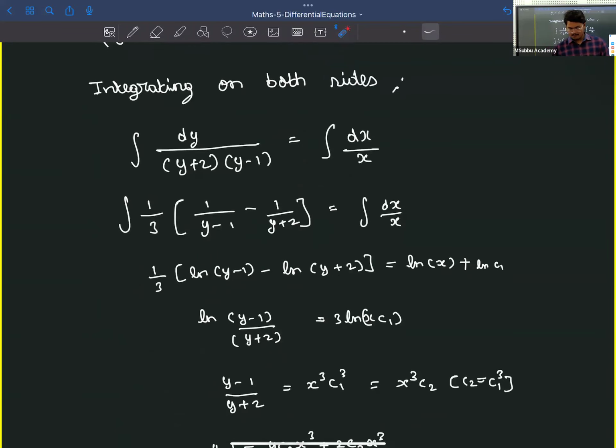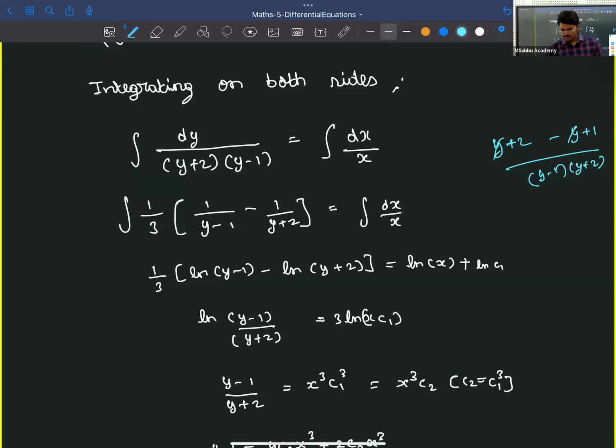So by the partial fractions method, you can write it as 1 by y minus 1 minus 1 by y plus 2. Because when you solve that, see, y plus 2 minus y plus 1, by y minus 1 into y plus 2.